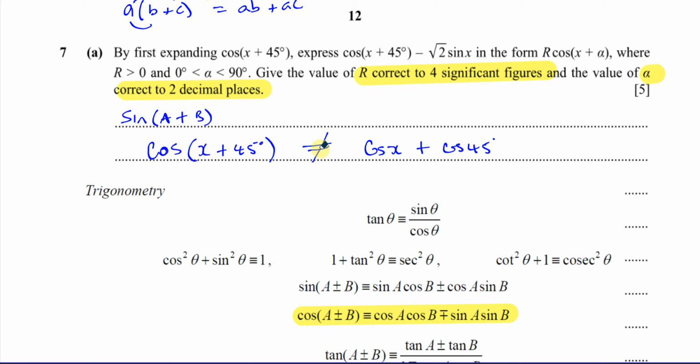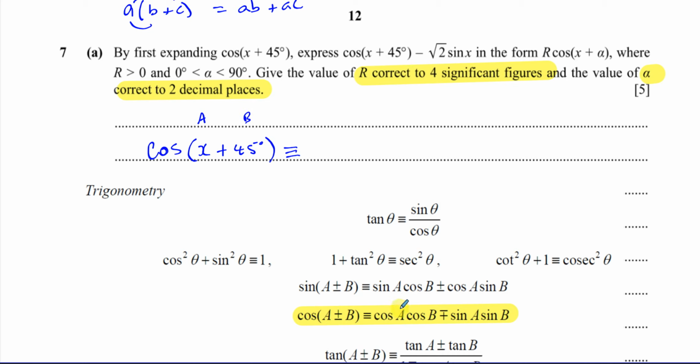So the cosine of x plus 45 is going to be identical to, and you're going to have cosine. Now here you have cosine a plus b equals cosine a cosine b minus sine a sine b. So in this case, our a is the x and our b is the 45.